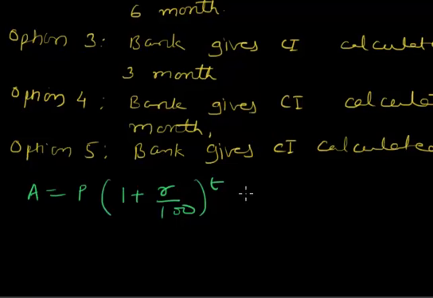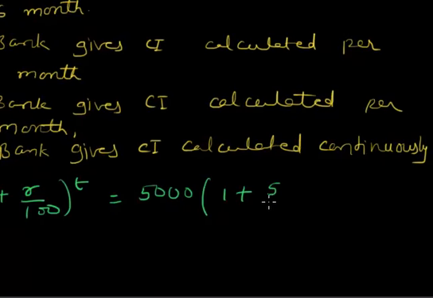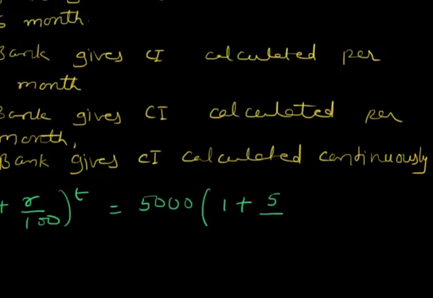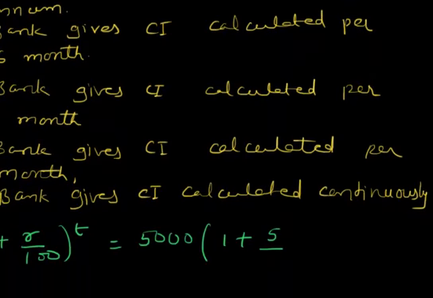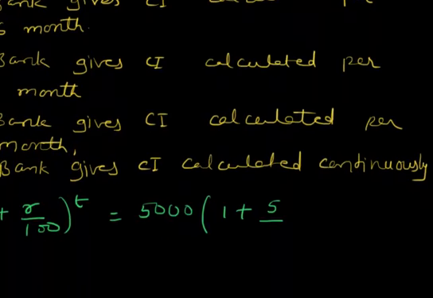Principal is given as 5,000. The rate of interest is 5% for 3 years. So 1 plus 5 over 100 for a period of 3 years.